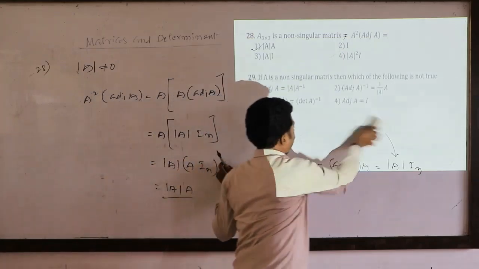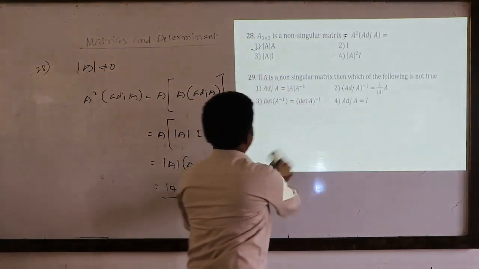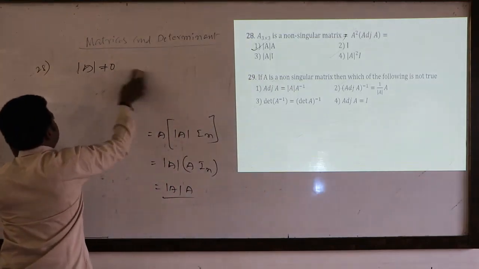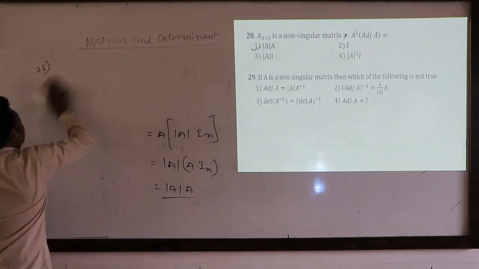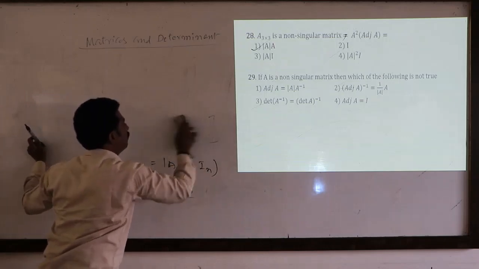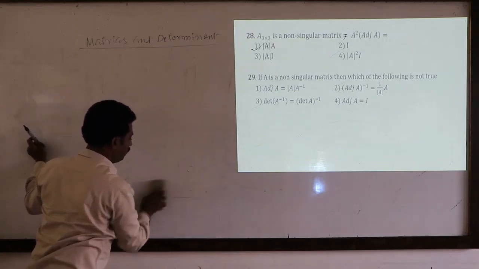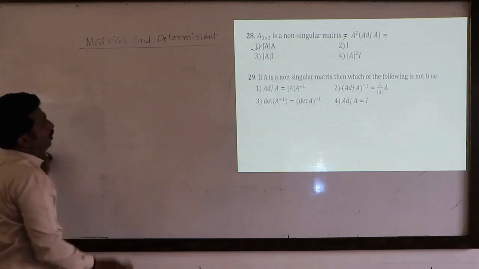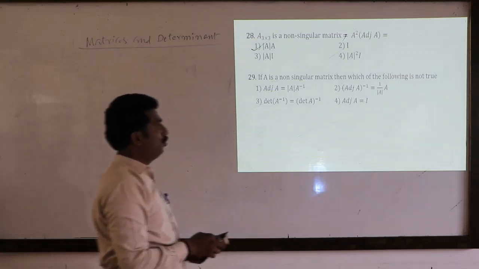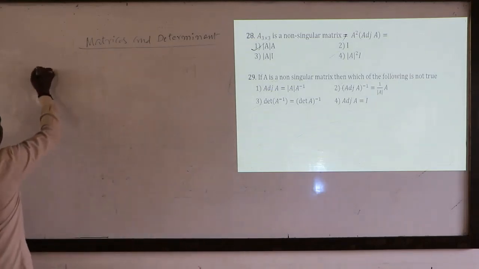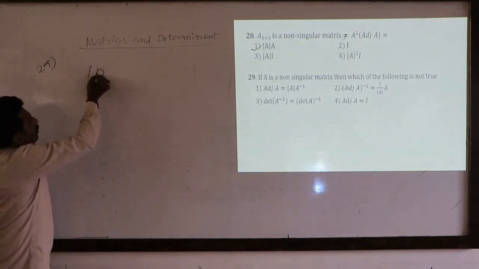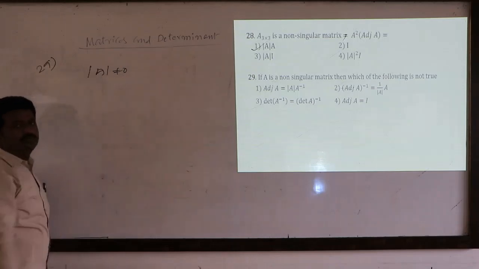Next question. A is a non-singular matrix. Which of the following is not true? They are asking which is not true. A is a non-singular matrix means determinant of A is not equal to 0.